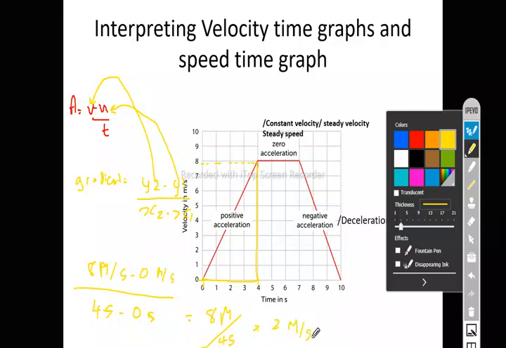So the acceleration is 2 meters per second squared. The s's are the same thing, so we add them together. Are we clear on that?